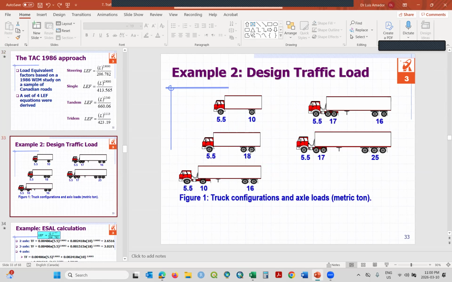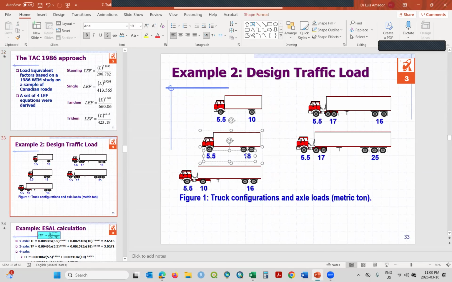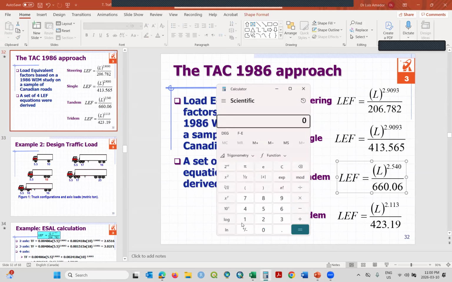If you go to this one, the 18 is a tandem, so you will use the tandem equation, this one over here. You take your 18, you put it here. So 18 to the power of 2.54 over 660.06. So you will have 2.33. Okay?